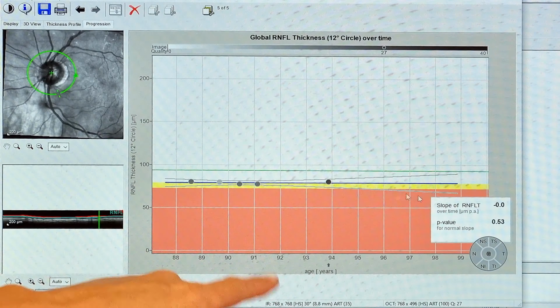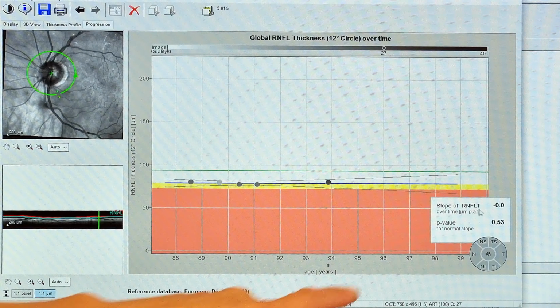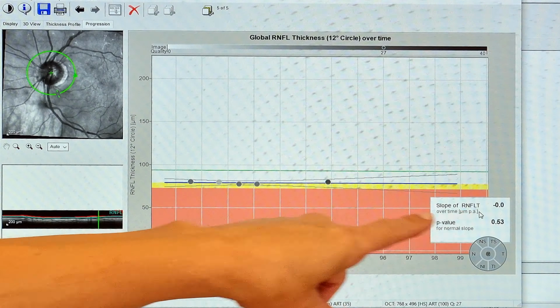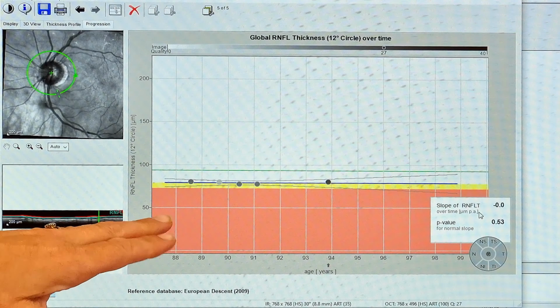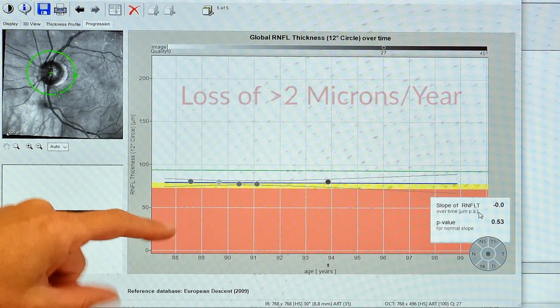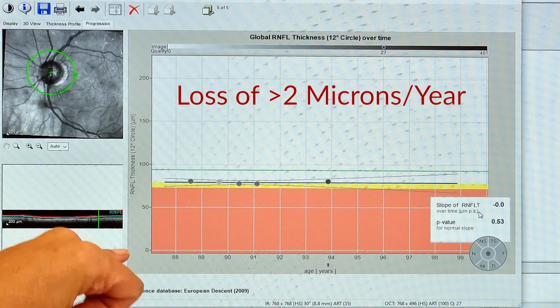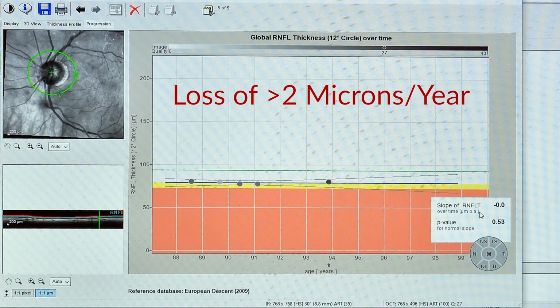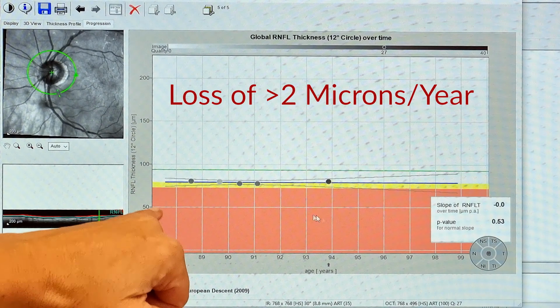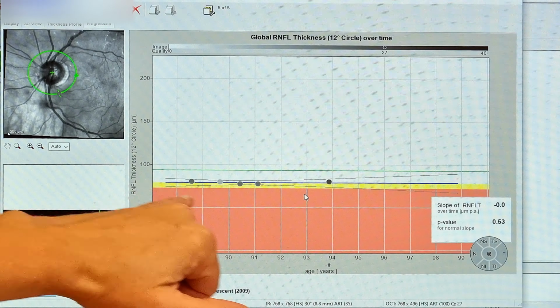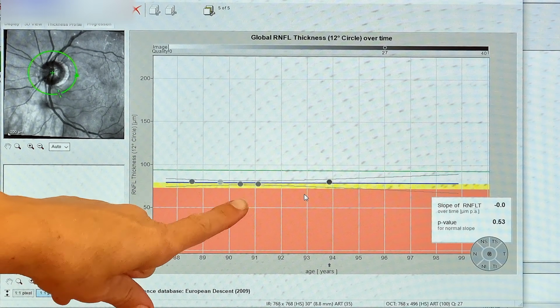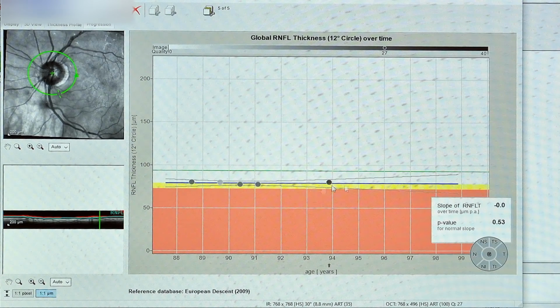Now that you've got more than 5 measurements, it will then give you a slope. So it then allows you to work out what the rate of progression is. And what we say is that if you've got a rate of progression of more than 2 microns per year, that's an alarm bell. That's somebody who's rapidly progressing. So you can see that actually they are very repeatable, and you can pick up a rate of change of 2 microns.